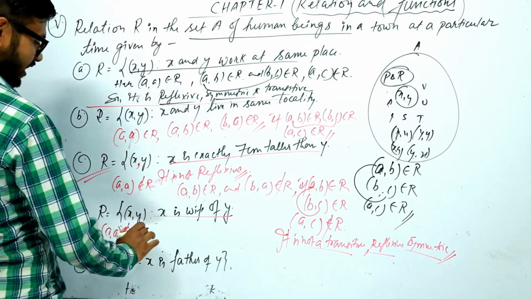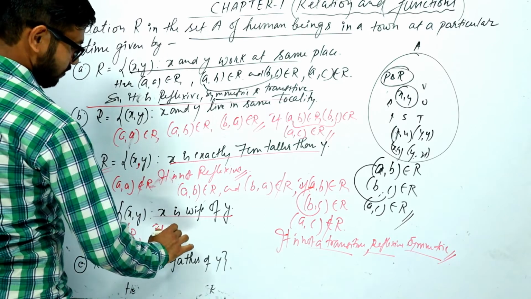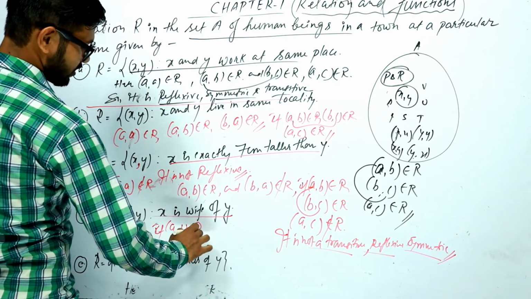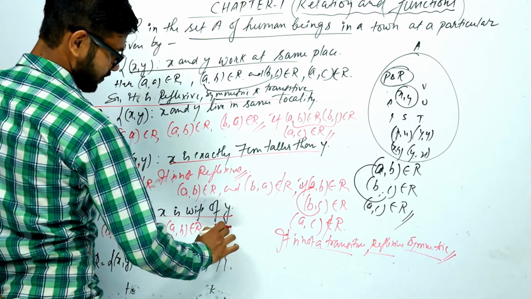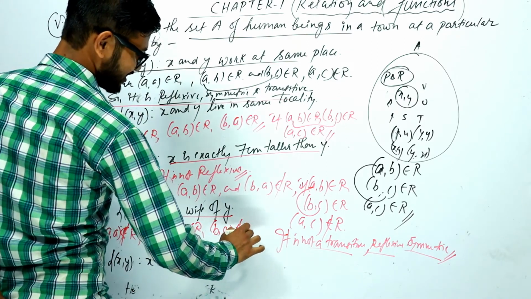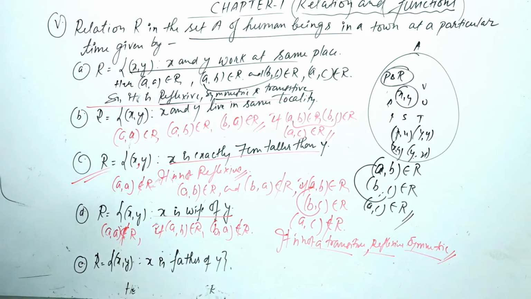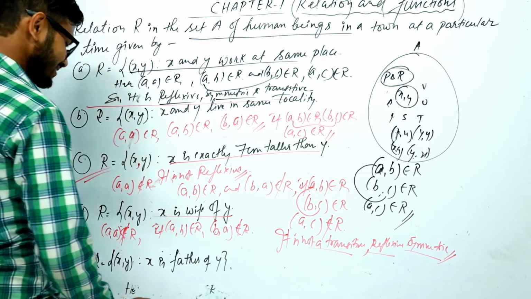If a comma b belong to the relation, that means a is the wife of b, can I say b is the wife of a? It is not possible. Assured. Now one more case, last case.